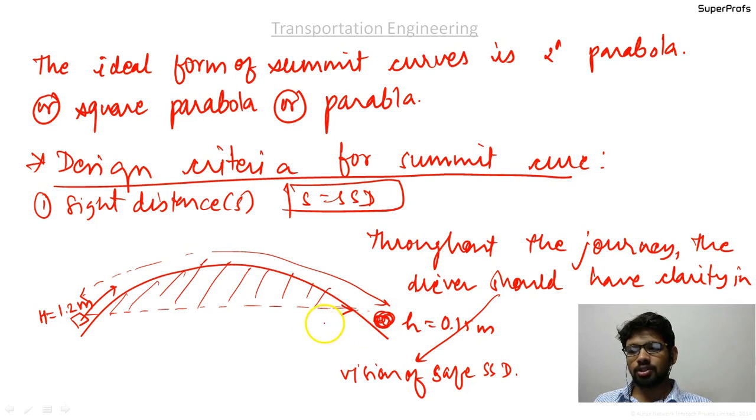In the design, the road is made flat to have a clear visible distance equal to the required sight distance on the road.